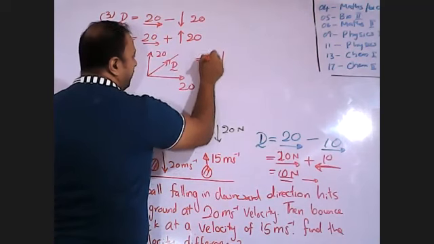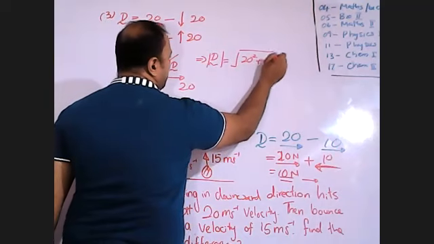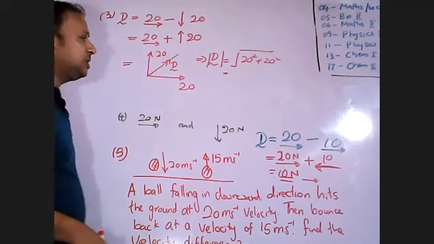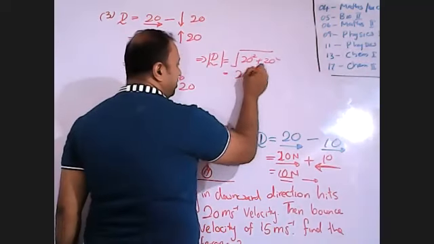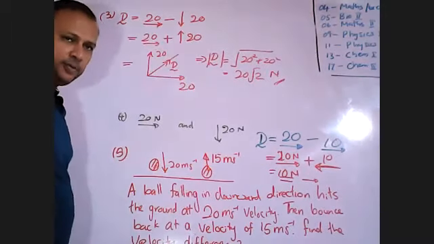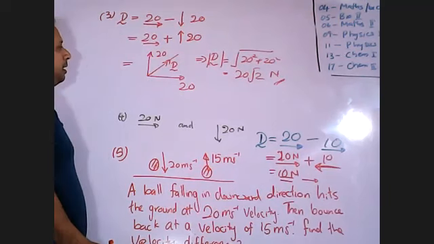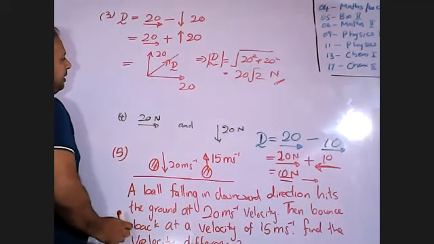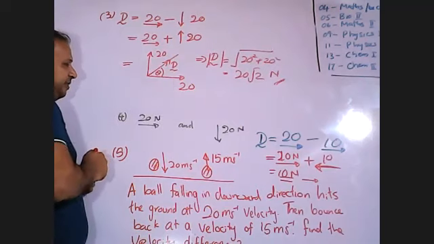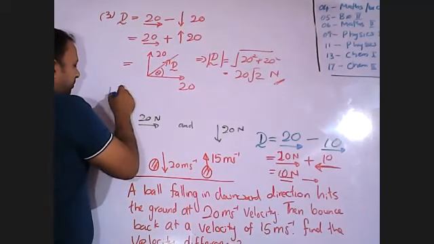The magnitude of the difference vector is the square root of 20 squared plus 20 squared. That means 20 times root 2 Newton, approximately equal to 35. Then the angle: if this angle is theta, theta is equal to 45, but you have to determine that one.